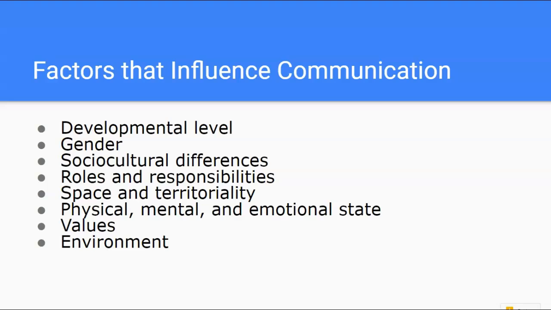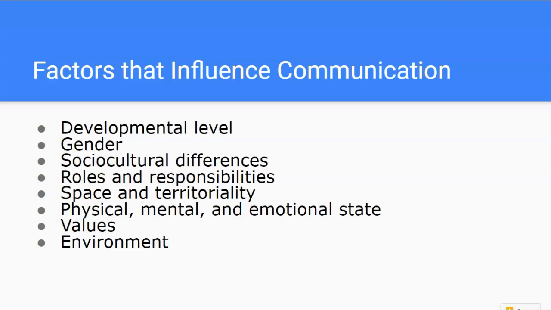Physical, mental, and emotional state. That's a very important one, especially in nursing, because all those things can affect your communication. Physical is like if you are very far away from a patient that is deaf or hard of hearing and you're having trouble communicating with them.